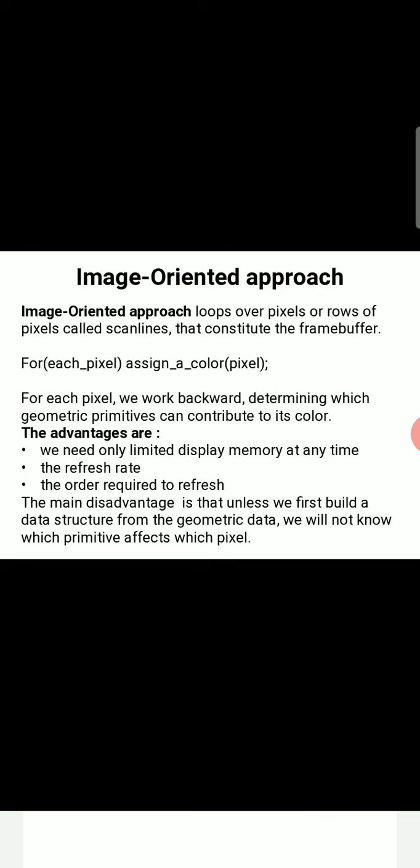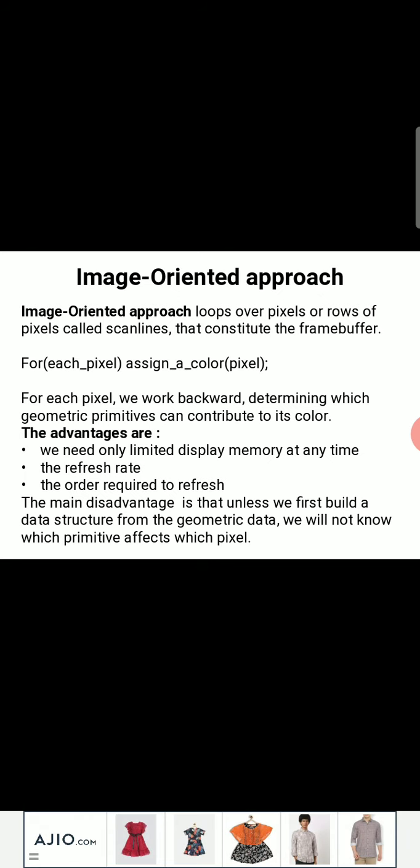The image oriented approach has loops over pixels or rows of pixels called scan lines. That is, for each pixel we need to calculate and assign a color to that pixel. Here we work in a backward fashion to determine which geometric primitives can contribute to the color of a pixel.